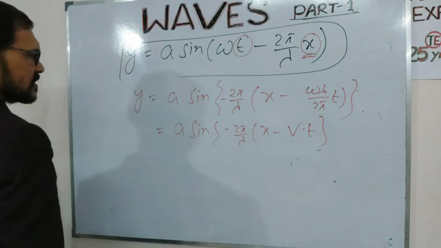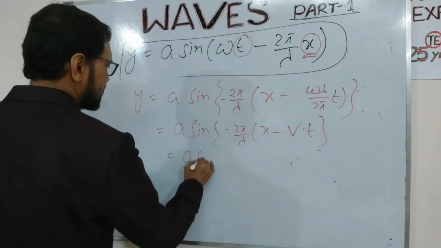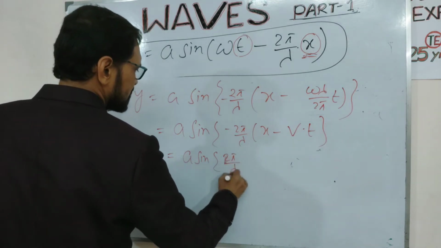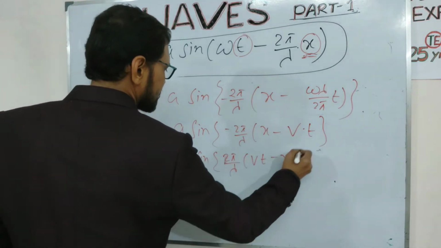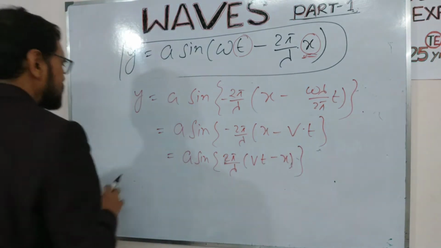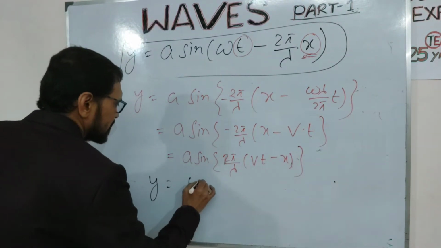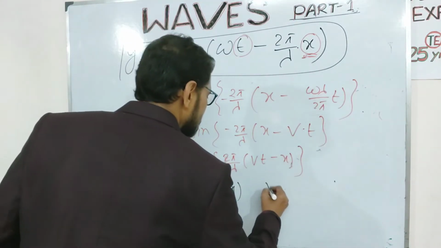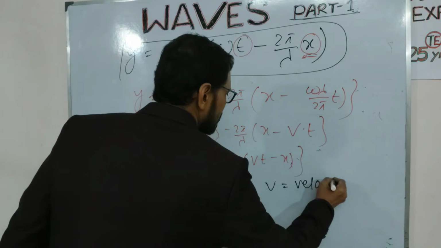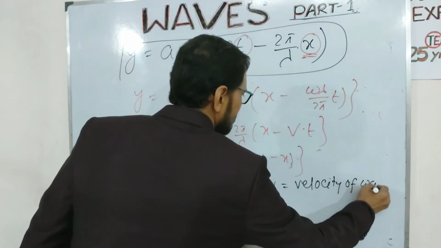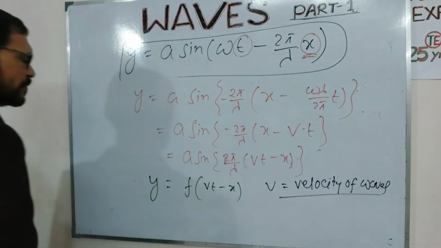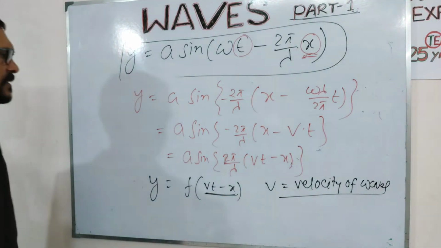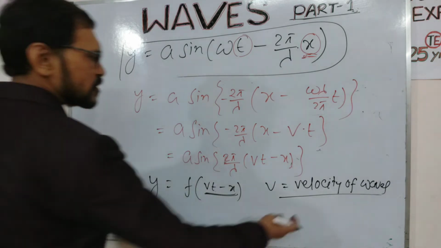Now this is a sin 2 pi by lambda into vt minus x. So y is a function of vt minus x, where v is the velocity of waves. So any wave can be expressed as a function of vt minus x, where v is the velocity of waves.